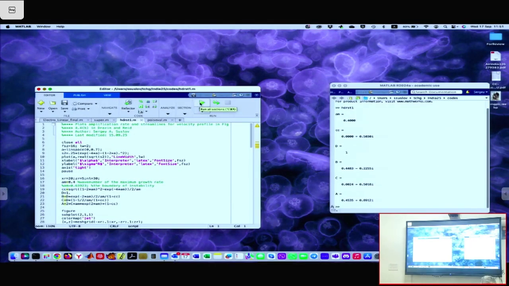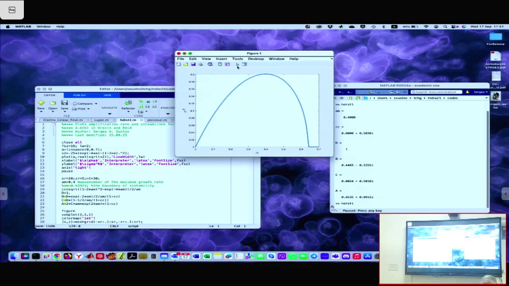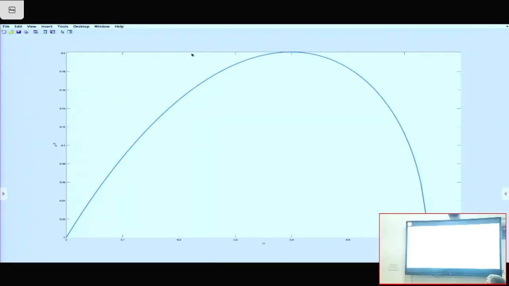So, if I run it, the first thing you will see is this. That is the plot of that sigma function. You can see how it behaves. So it becomes positive. It does have positive values. Those positive values are here.